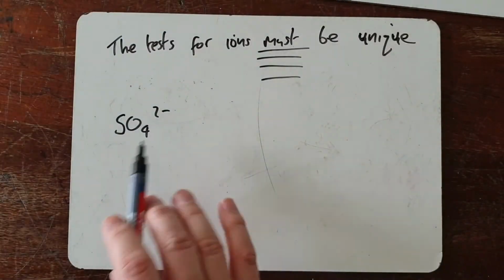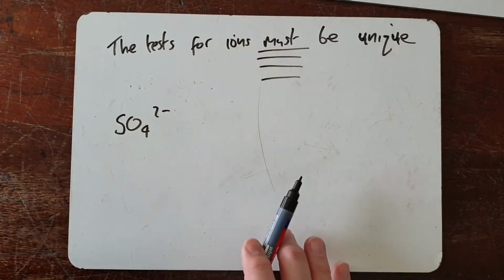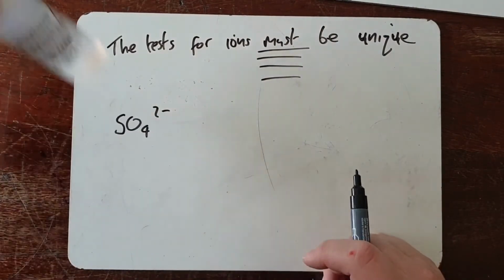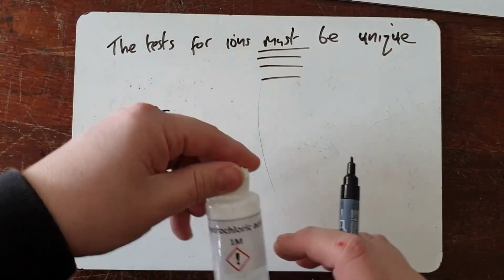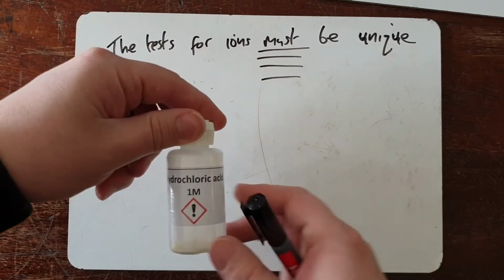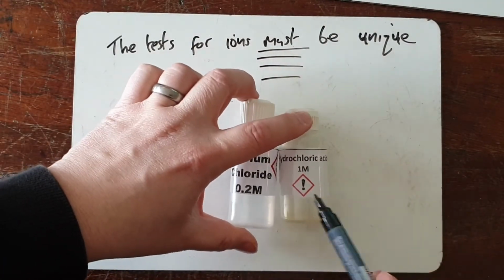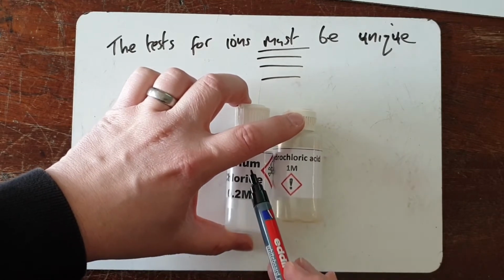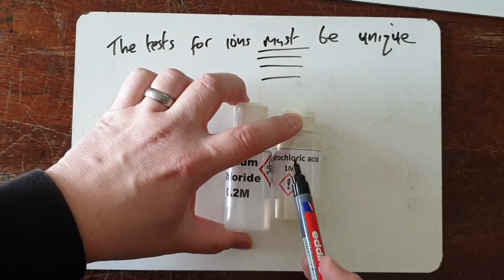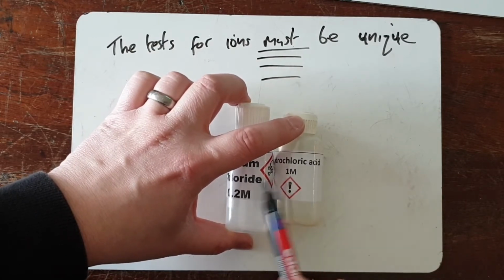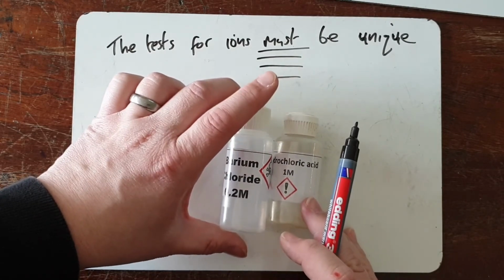So for our test for sulfates, we use barium chloride, and we need to acidify it, so we use hydrochloric acid. We need to be careful what acid we're using. The reason we're using hydrochloric acid is because this is barium chloride. Hydrochloric acid has chloride ions in it, barium chloride has chloride ions in it, so we're not contaminating our experiment at all.